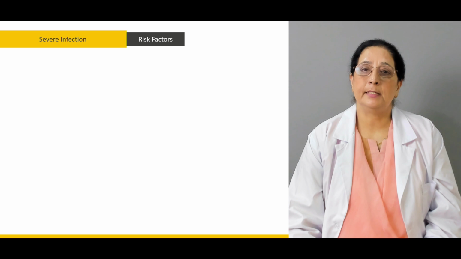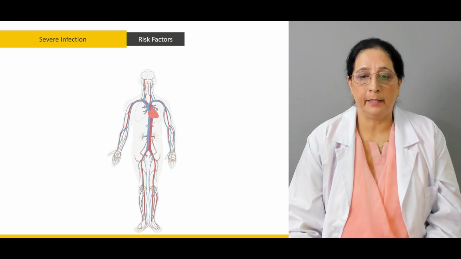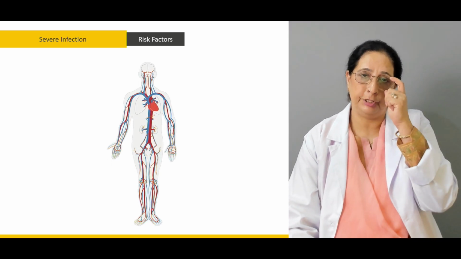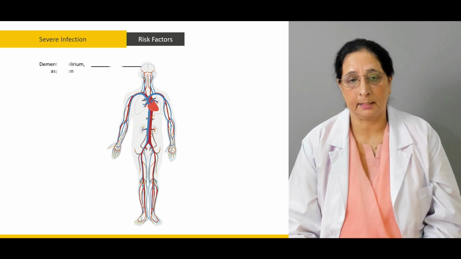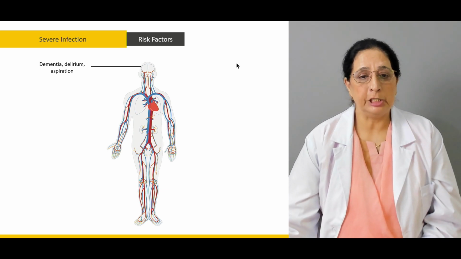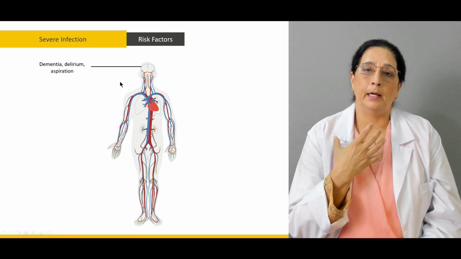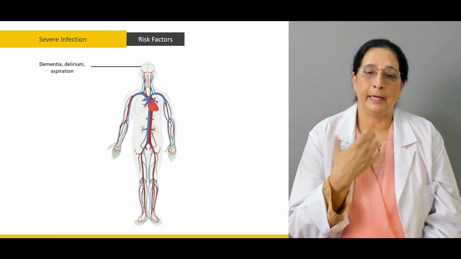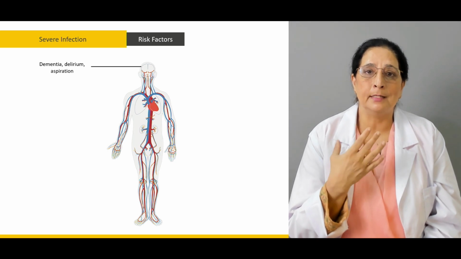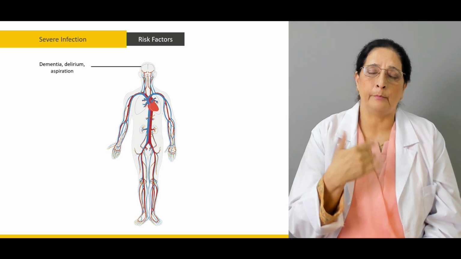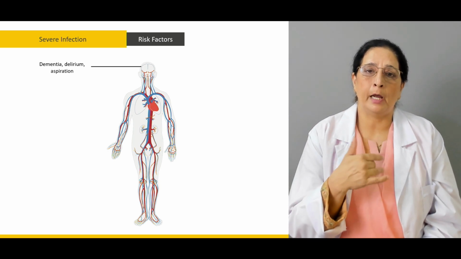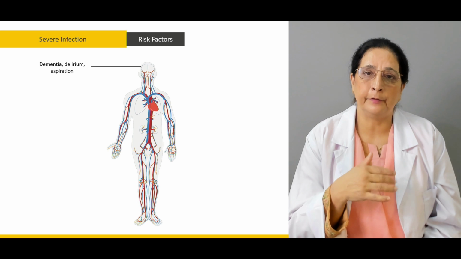Next, the risk factors for severe infection. What are the risk factors? Dementia, delirium, aspiration. People who have dementia, are forgetful, are delirious, and are not conscious have more chances of aspiration.